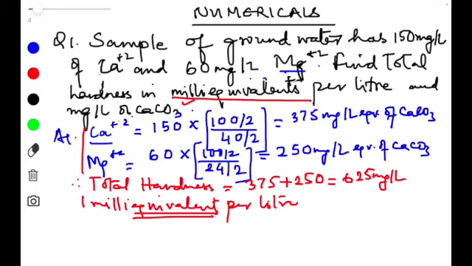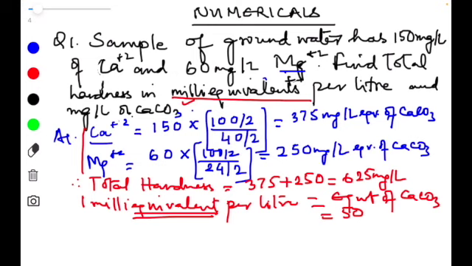And when we talk about hardness, what are we equating it to? We are equating it to calcium carbonate. Okay, so milli equivalent per liter means it is nothing else but the equivalent weight of calcium carbonate. So 1 milli equivalent per liter is equal to 100/2, that is 50. Okay, 50 equivalent weight of calcium carbonate.